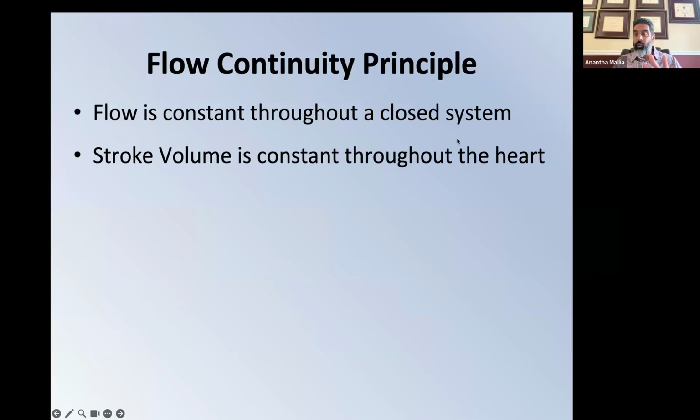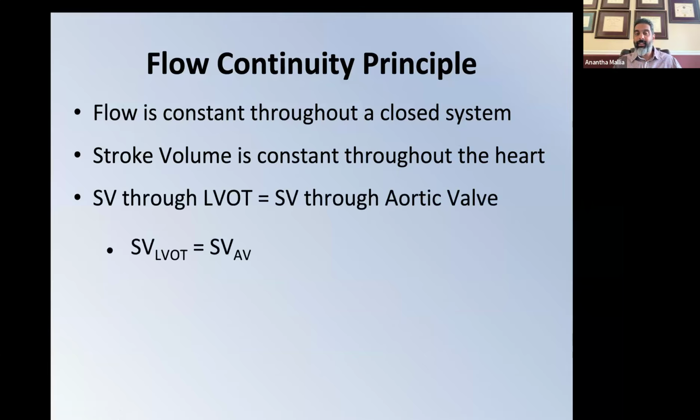So for example, if you take two points within the heart, like the LVOT and the aortic valve, the stroke volume through the LVOT has to be the same as the stroke volume through the aortic valve as long as the system is closed. In other words, stroke volume at the LVOT equals stroke volume at the aortic valve.